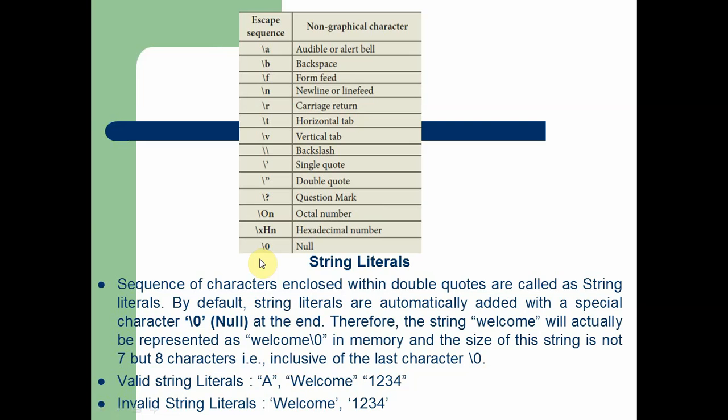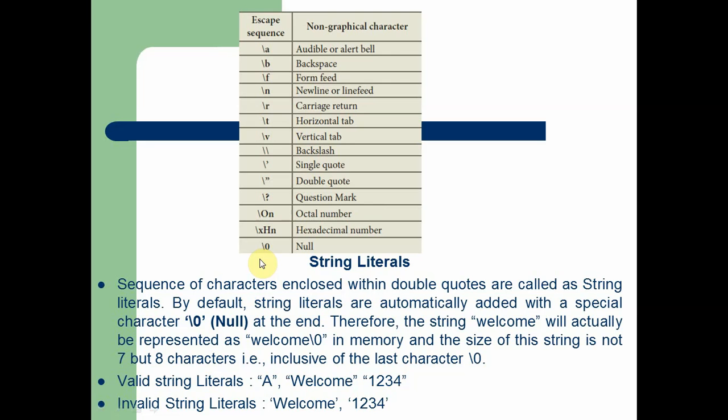These are special characters which we can call non-printable or non-graphical characters which should be printed at the time of execution, which can be achieved through escape sequences. An escape sequence can be identified by a backslash as a prefix, and after that only one or two letters are allowed. So next one is string literals.